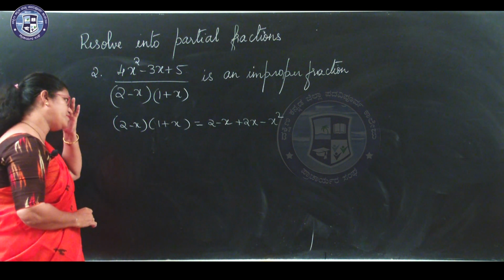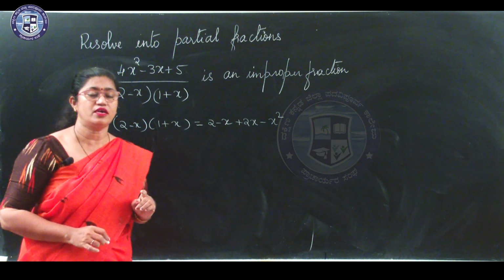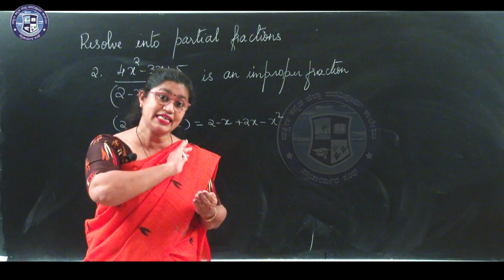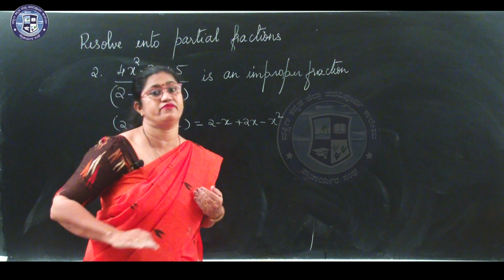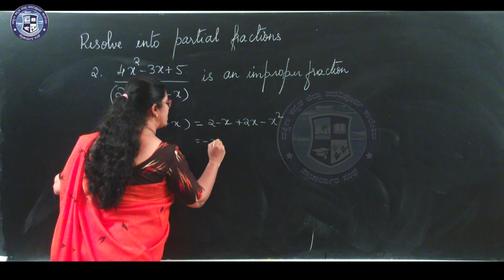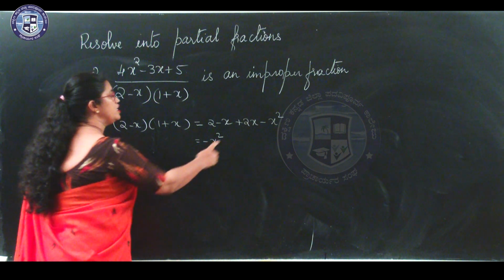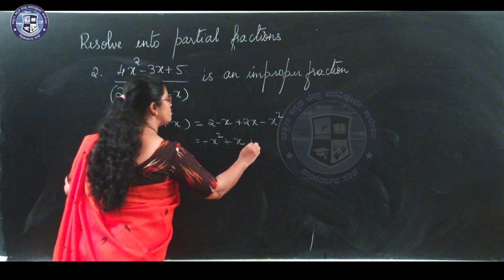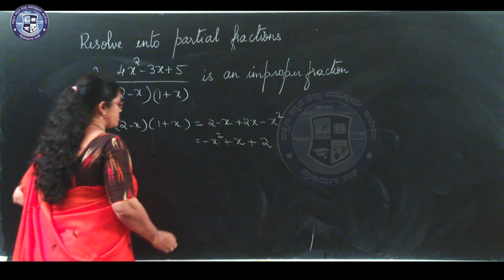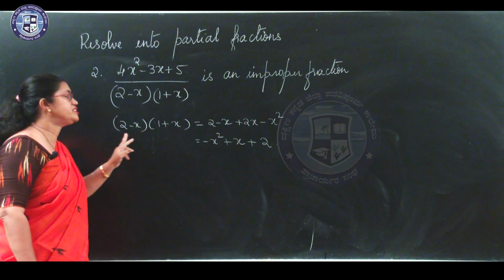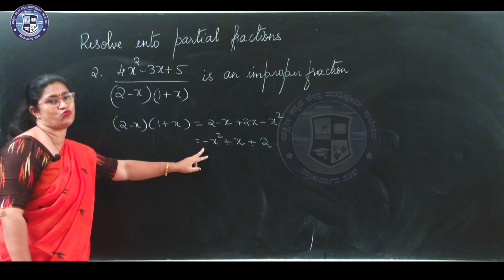Do it carefully, and when you write it for division, remember, write it in the decreasing order of their powers. So, first write the x square terms. So, this is minus x square, 2x minus x is plus x and plus 2. So, the denominator, when I multiply the factors, this is what I am getting.